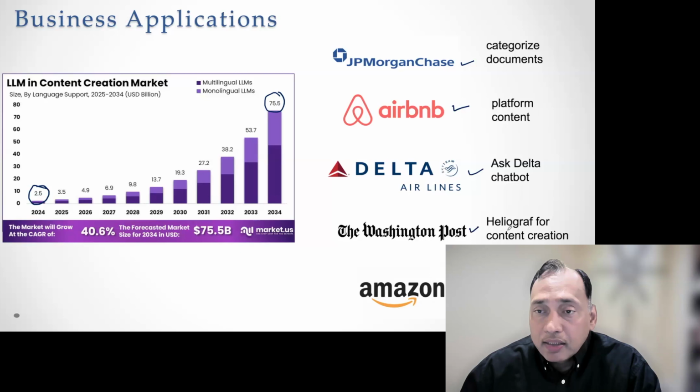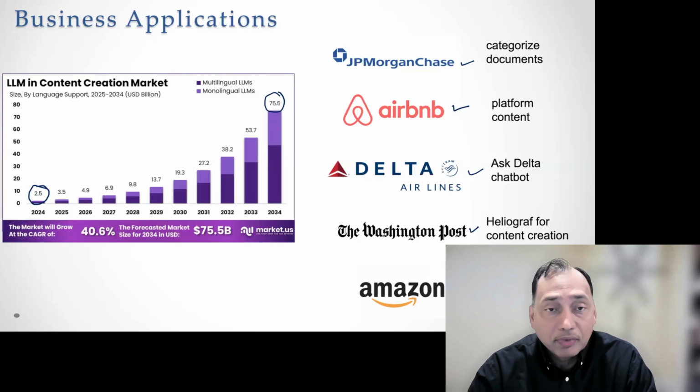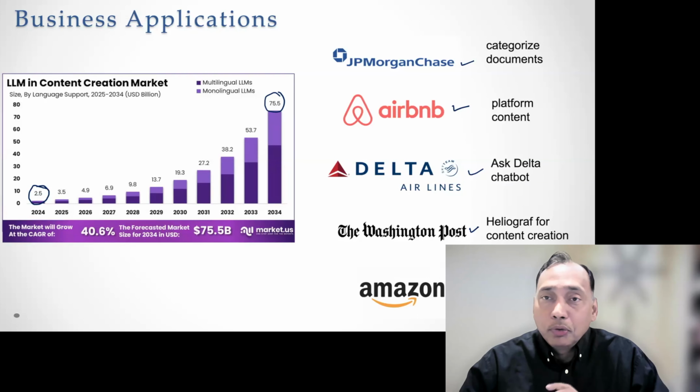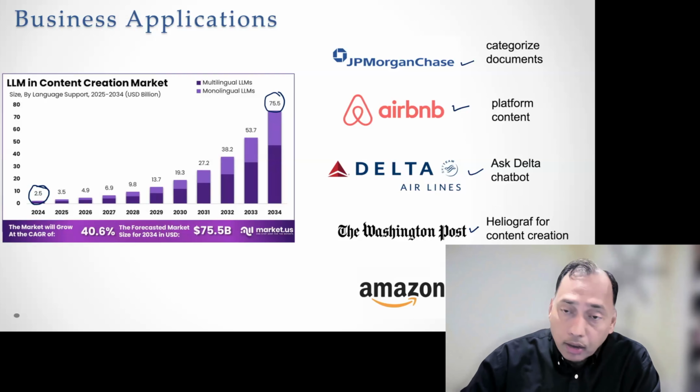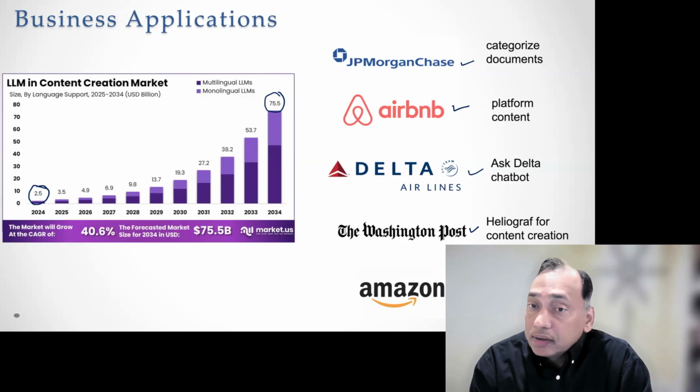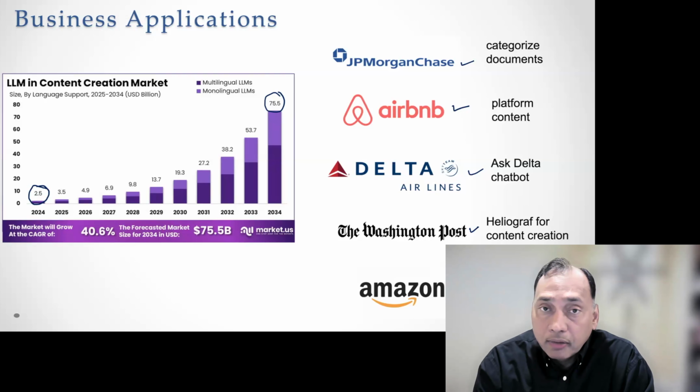Washington Post has something called Heliograph, and they use it for content creation. Amazon uses LLMs for analyzing product reviews. On their websites they get a lot of information, and it is almost impossible for a human being to analyze all the product reviews, do a sentiment analysis and see whether customers are positive or negative. So these are just samples, but there are many other companies that are using it in a big way.